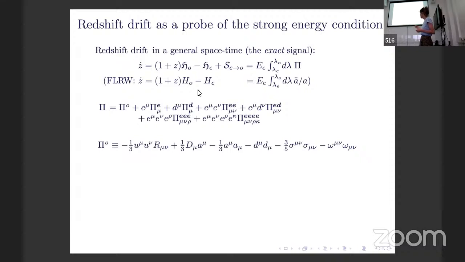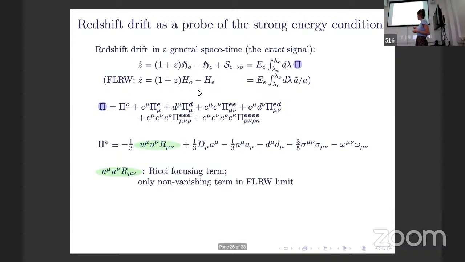And we can see, for instance, for the monopole, here we can analyze the various terms that go into this, and we see that there's a Ricci focusing term that tells us how our observers are focusing under gravity, and this is also the only non-vanishing term in the strict FLRW limits. The other terms here are due to inhomogeneities and anisotropies in our space-time.